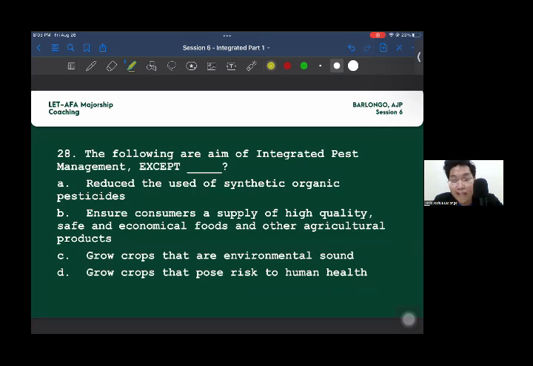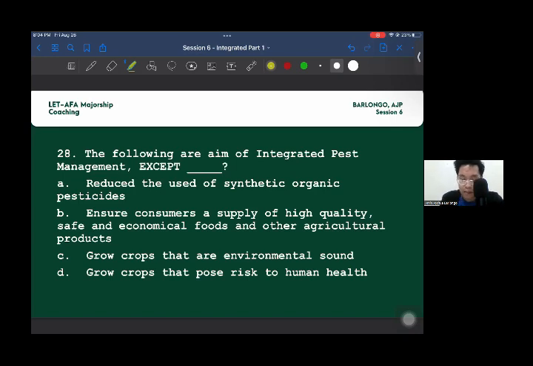So in some choices like this, you can identify the correct answer by looking at the different verbs. Ayan, so verb. So, una, reduce the use. So, that is an aim of integrated pest management na paggamit ng synthetic pesticides.